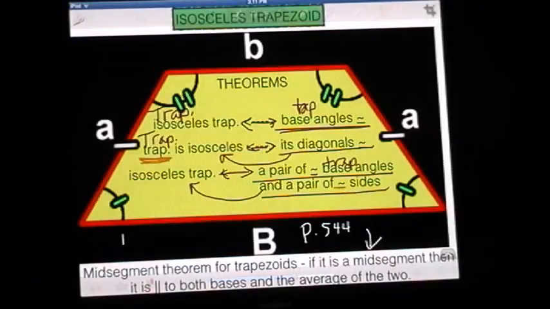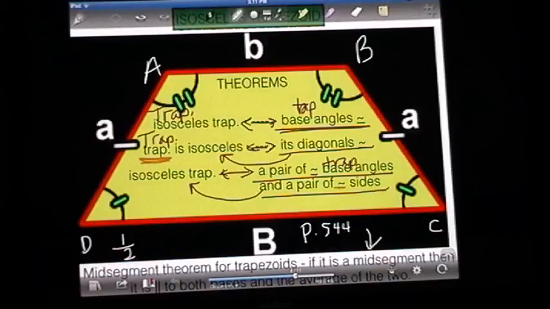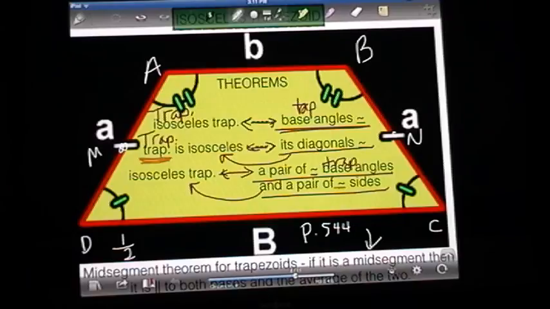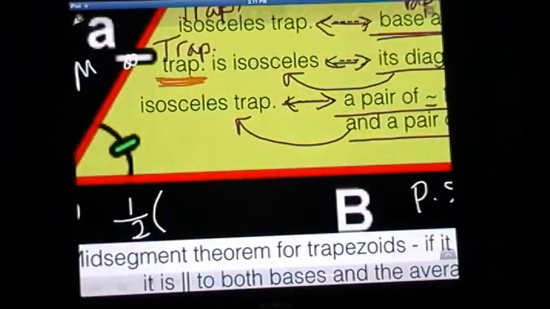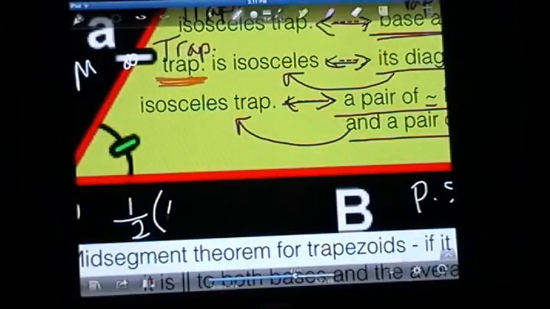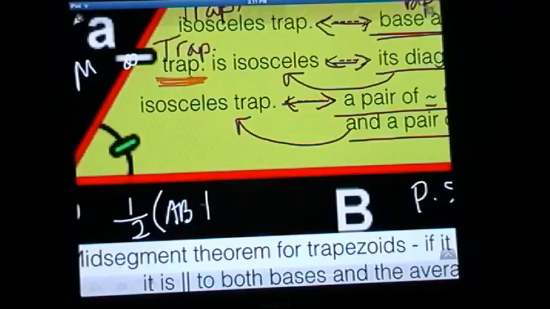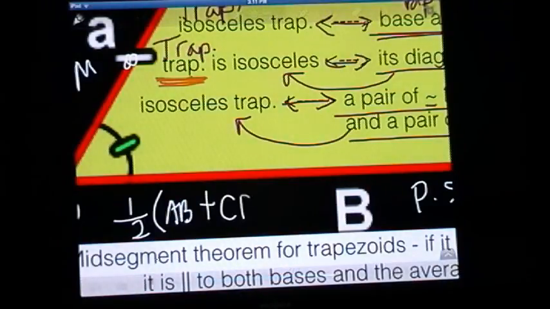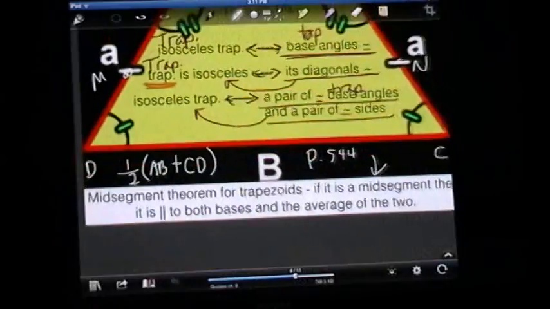If this had letters A, B, C, D, and this is M, N, it says MN is equal to 1/2 times AB plus CD. Okay, so there's your formula.